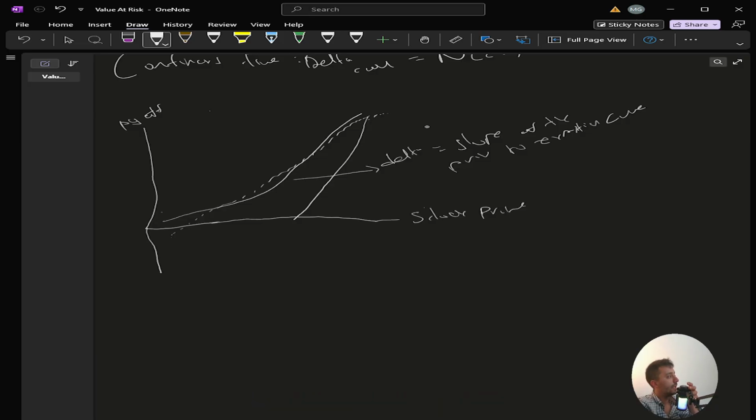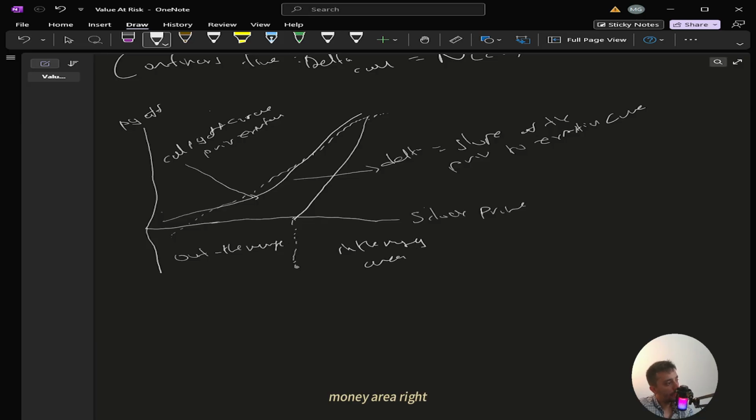This curve is called the payoff curve at expiration. And we have two different areas here, which is really easy to understand: the at the money and in the money areas.